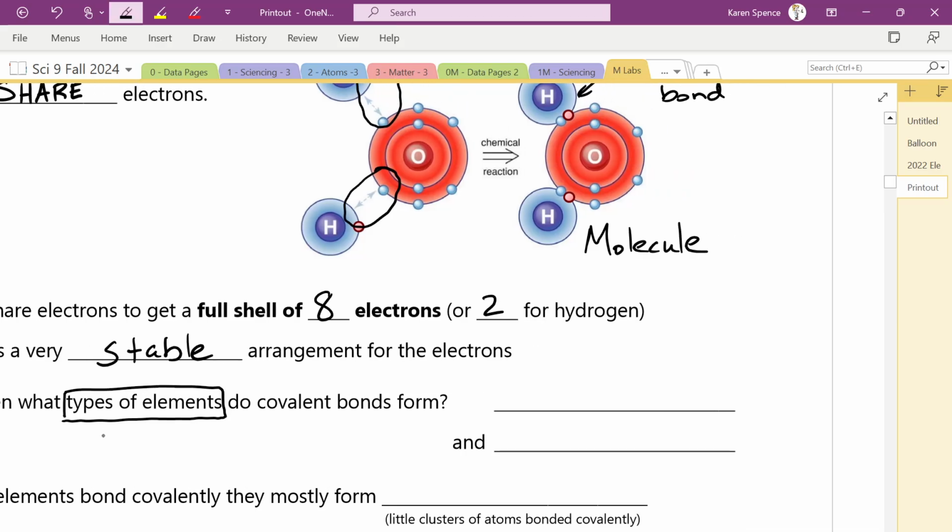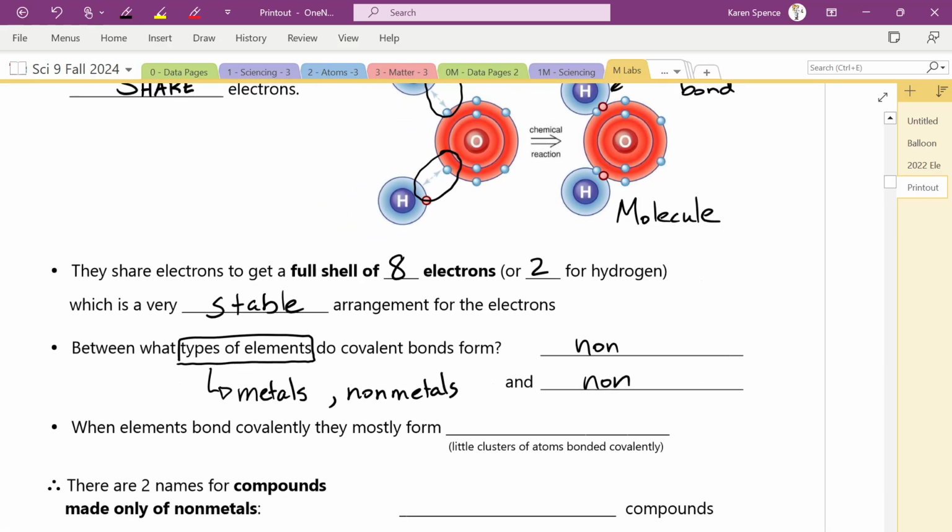What do we mean by types of elements? What are the 2 main types of elements? Metals and non-metals. Covalent bonds form between what types? Non and non. Okay? When elements bond covalently, what do they form? Molecules.